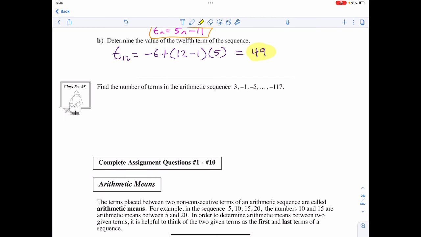In this case, we know the term value of our final number, but we don't know which term number it is, so we call this t of n is -117. It's still arithmetic, so I have a T1 of 3, and I have a common difference going from one term to the next of -4.